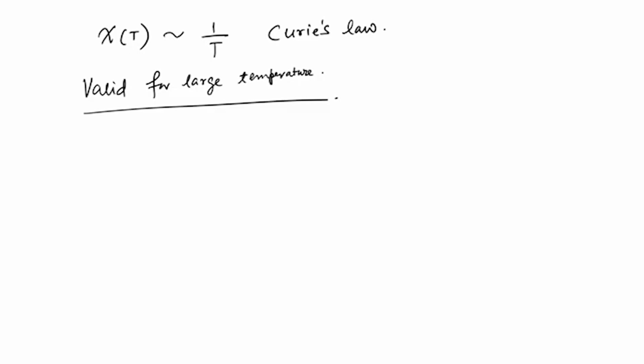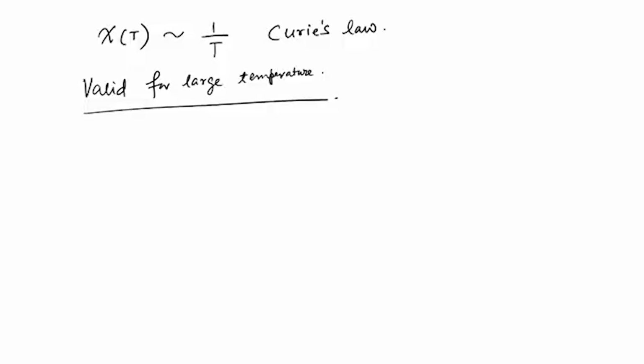We recovered Curie's law, as it should be, which is valid for n independent spins in a magnetic field, and the large temperature behavior of the susceptibility goes as 1 over T. So, we will stop here and continue with more discussions on this, and it is very important to make a comment on negative temperature, which we shall do in the following class.